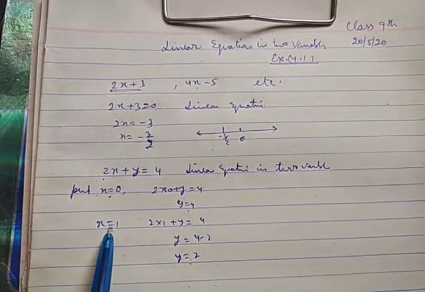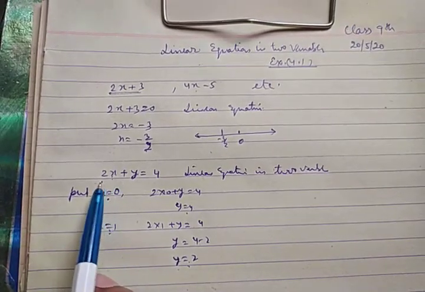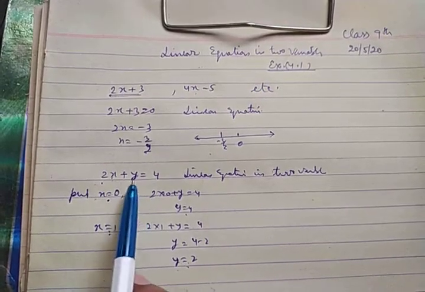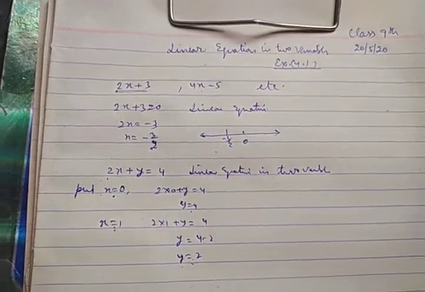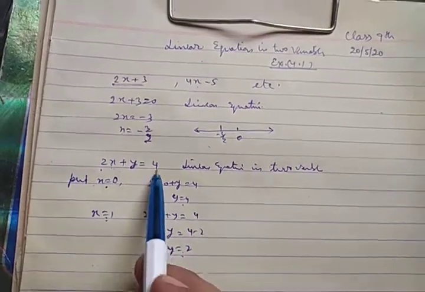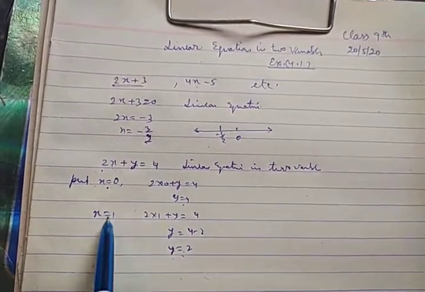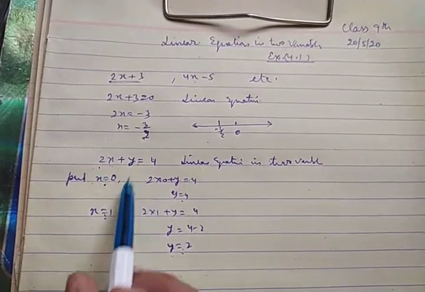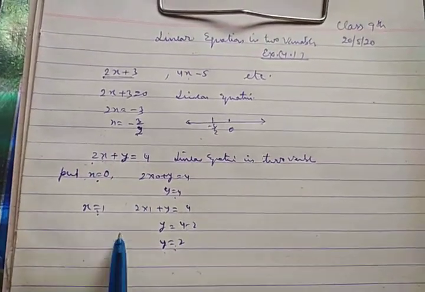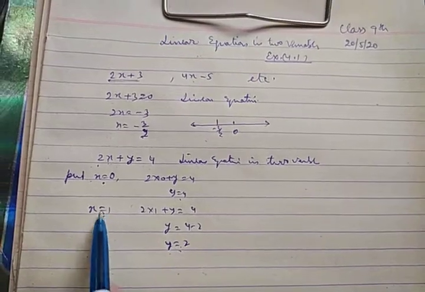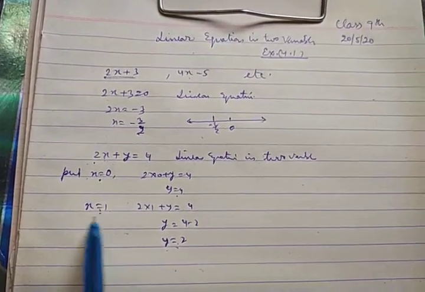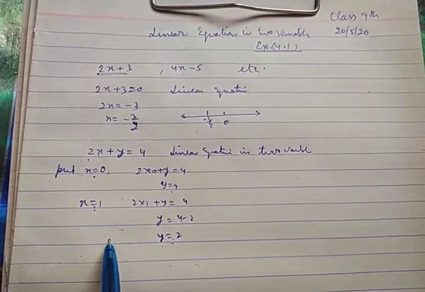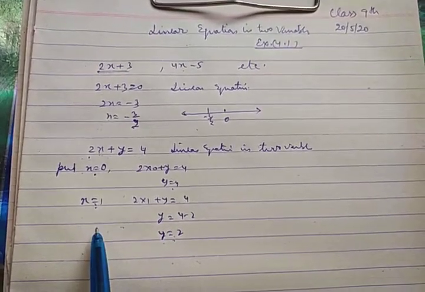It means if you substitute the values of x and y in this equation, you will get the left and right sides satisfied. Satisfied means the calculation will be the same on both sides. Then there will be various solutions for x and y, and these solutions will be plotted on the graph paper, meaning in two dimensions.